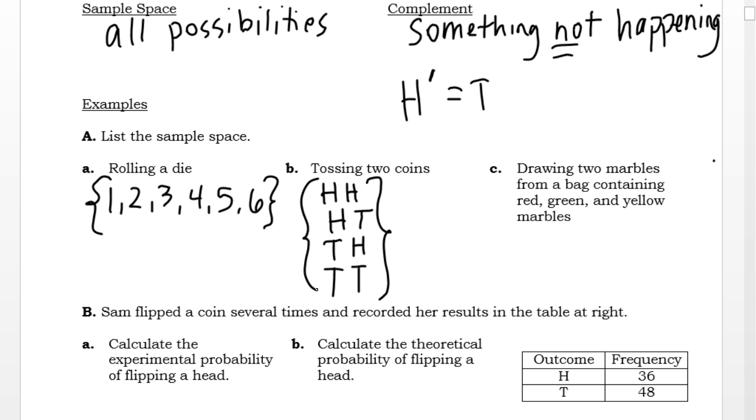The third example says drawing 2 marbles from a bag containing red, green, and yellow marbles. It doesn't specify, but I'm going to assume there's 1 red marble, 1 green marble, and 1 yellow marble in this bag. So I can get a red and a green, a red and a yellow, a green and a red, a green and a yellow, a yellow and a red, a yellow and a green.